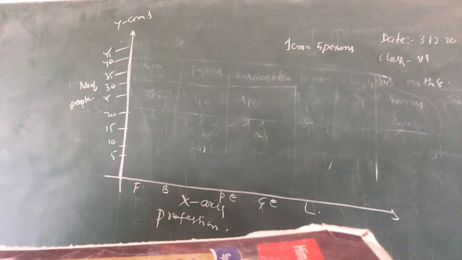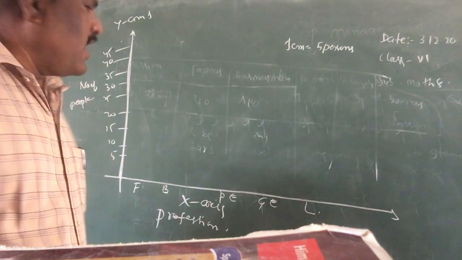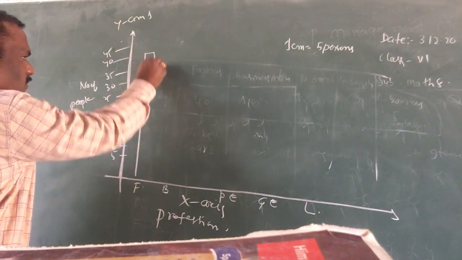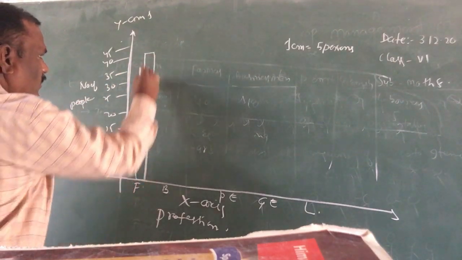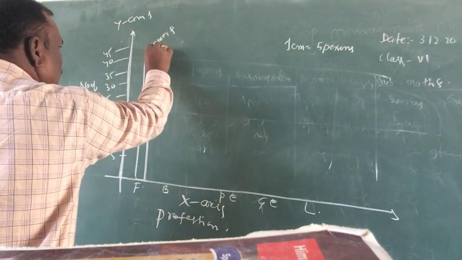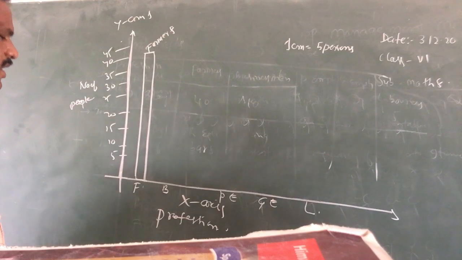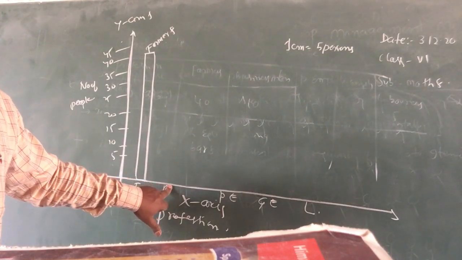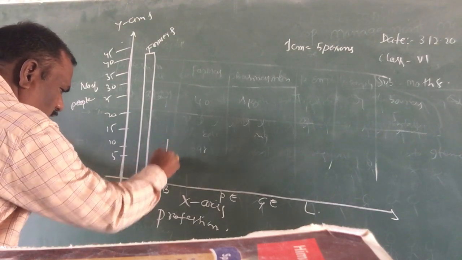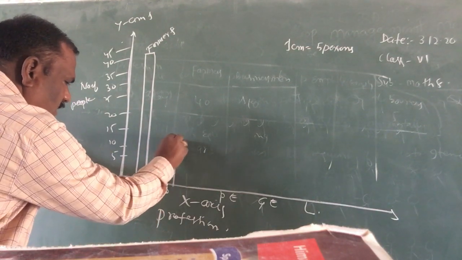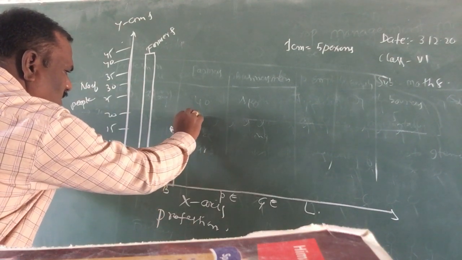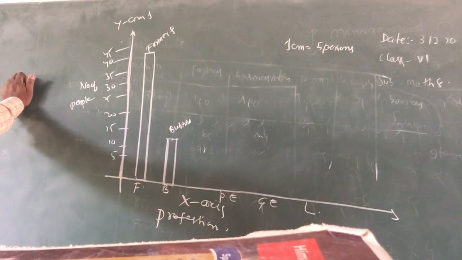Now first one, farmers, how many are there? 40 are there. So directly draw up to 40. This is farmers, exactly 40. Next, businessmen, how many are there? Just 10 people. You have to include equal spacing. Third one, private employees, 15 are there.